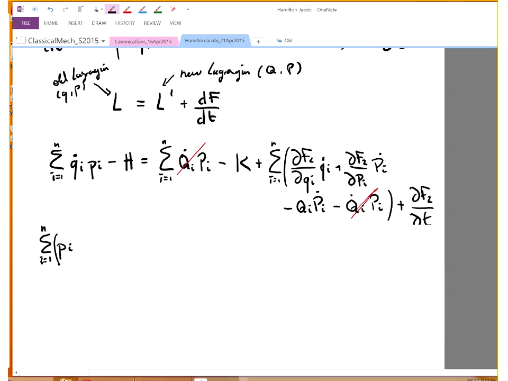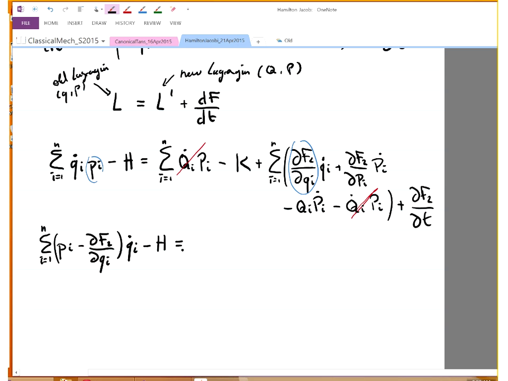And then if I look on the other side of the equation, I have another term here, the ∂f2 by ∂qi, that multiplies qi dot. So if I bring it over to the left, it gains a minus sign, and I have ∂f2 by ∂qi, and all of that multiplies lowercase qi dot. And then I have minus H. I'm just going to leave that there for now.